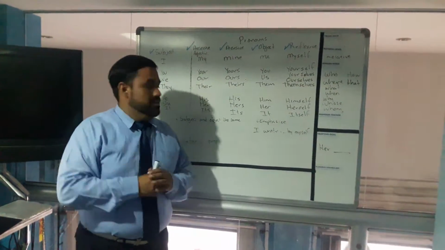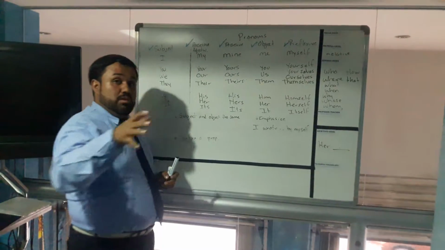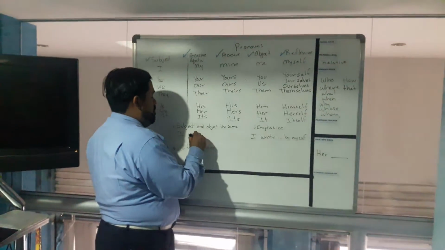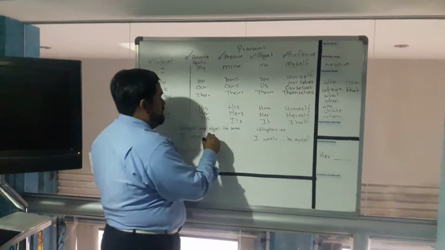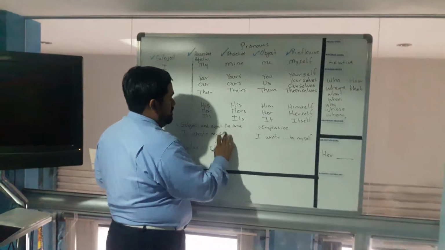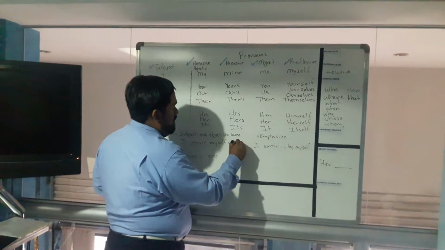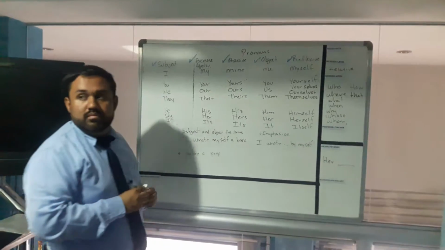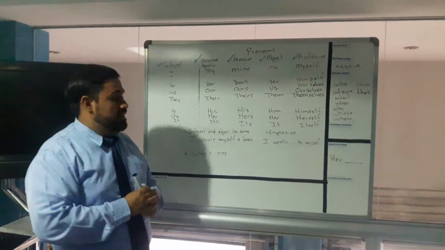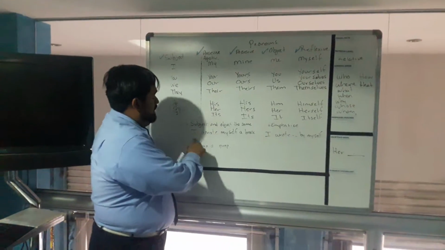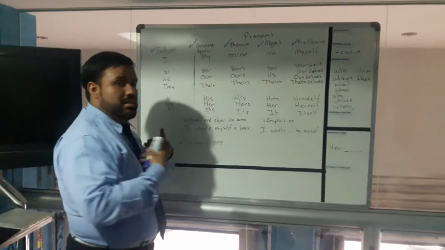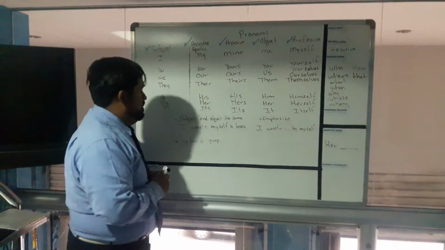It's emphasis. Also, when the subject and the object are the same, you say, I wrote myself a book. So that is the idea. The subject and the object are the same person. I wrote myself a book. It's understandable.